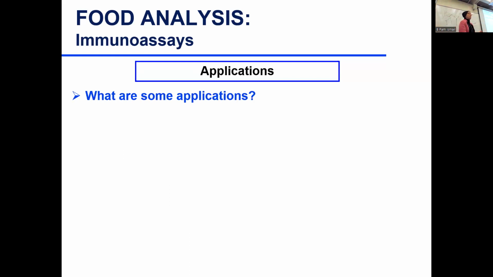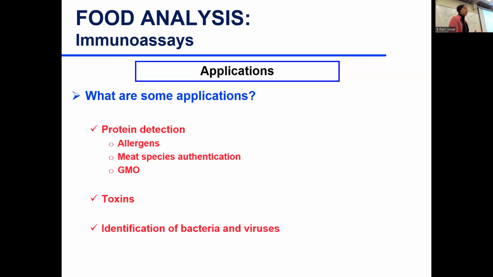We talked about some applications. We talked about allergens. We talked about GMO as an example, detecting the presence of genetically modified organisms or species. Another one is common in meat species authentication. Did you hear about a few years ago there was horse meat in the burger?